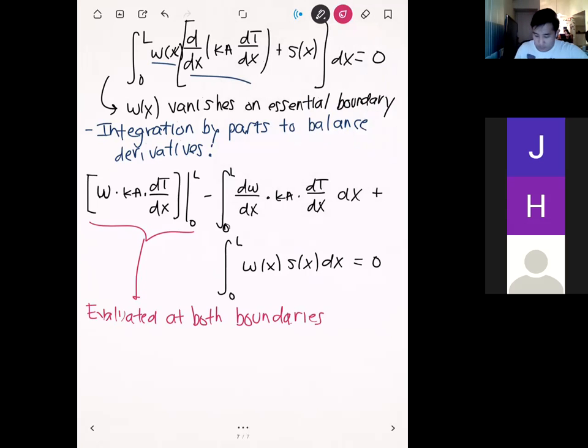And so when we evaluate this guy at both boundaries, we're going to have two terms. So we're going to have one term at x equal to L and another term at x equal to 0. One of these is going to disappear because of our requirement on w of x. Okay. I should say at least one will disappear.